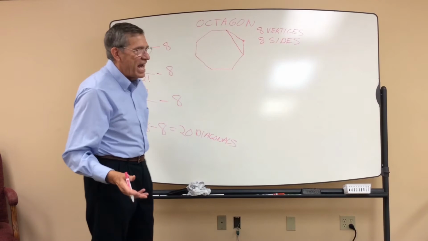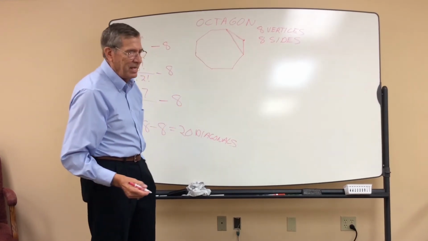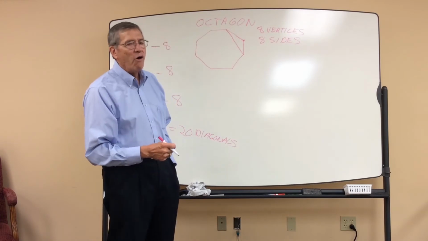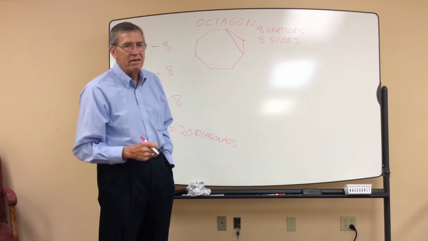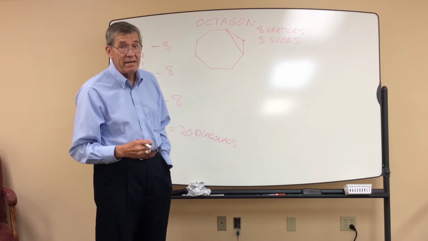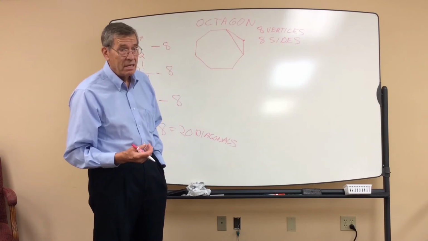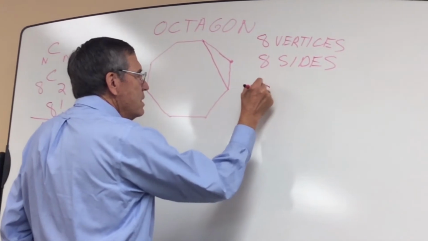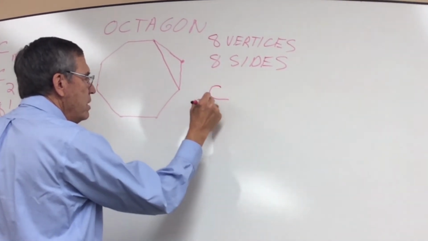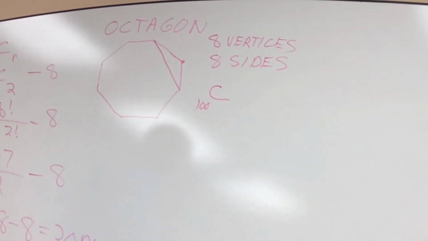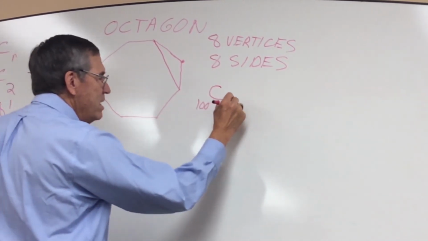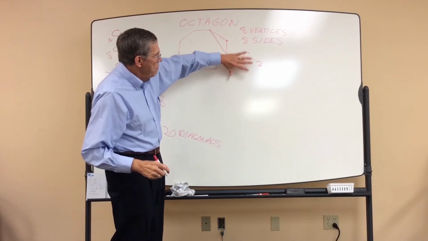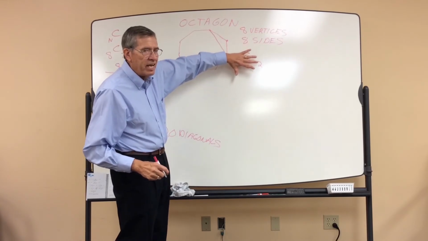So let's say we have a 100-sided figure. Now I challenge you to draw in all the diagonals for a 100-sided figure. But you might be asked that on a test. Let's see what that would look like. So, combination of 100 vertices, points, taken again 2 at a time, remembering that will give us the total number of connections.